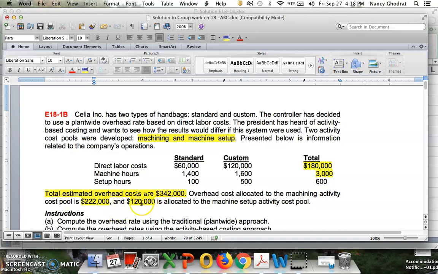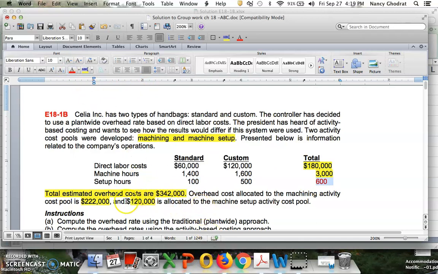Machine setup is 120K, and the cost driver for machine setup, they gave it to us, is setup hours, and for each product they gave us how many setup hours it takes. We added together, we arrived at the 600 hours, and therefore that's going to be our denominator.